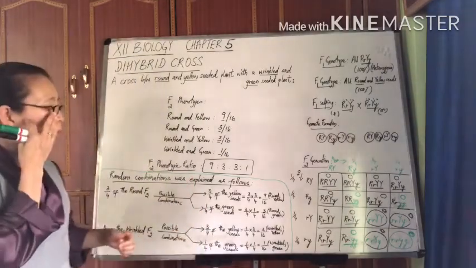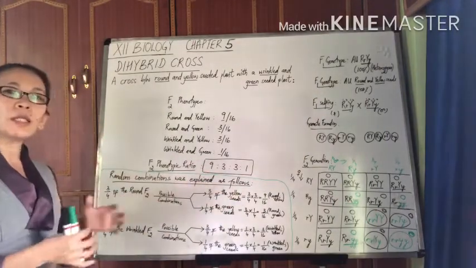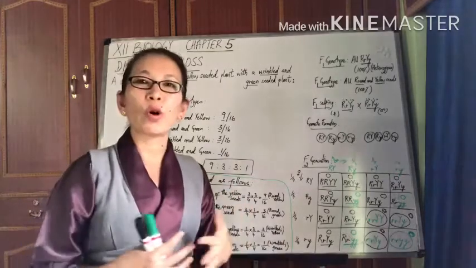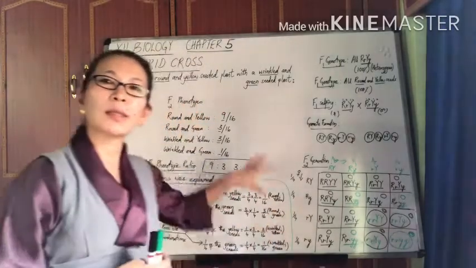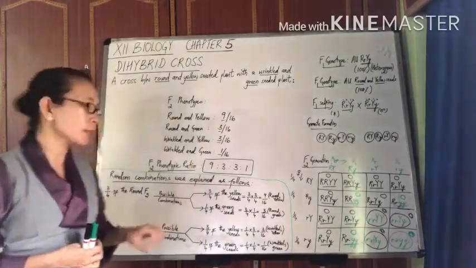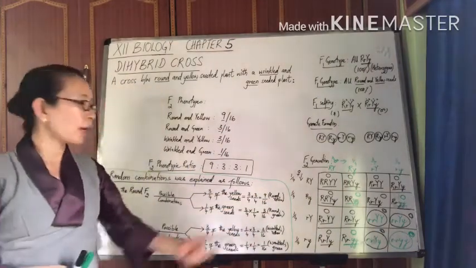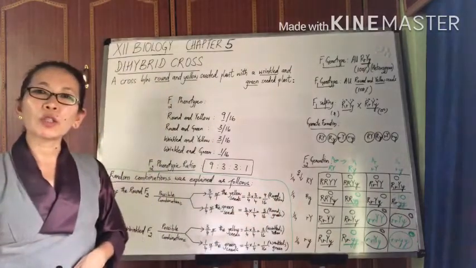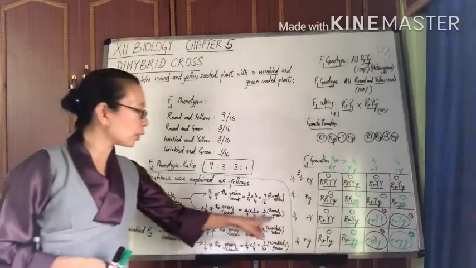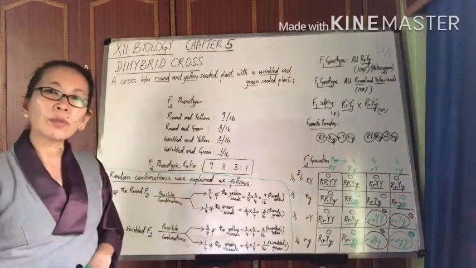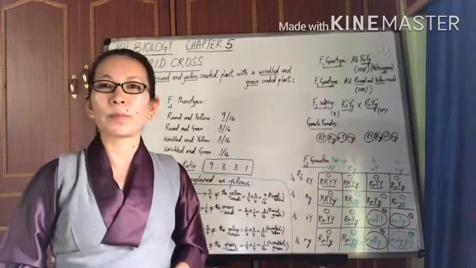So in this way, Mendel was able to prove that the independent combination of these two 3:1 ratios in the dihybrid cross resulted in a 9:3:3:1 ratio, where 9 of the possible phenotypes were round yellow, 3 were round green, 3 were wrinkled yellow, and 1 was wrinkled green.